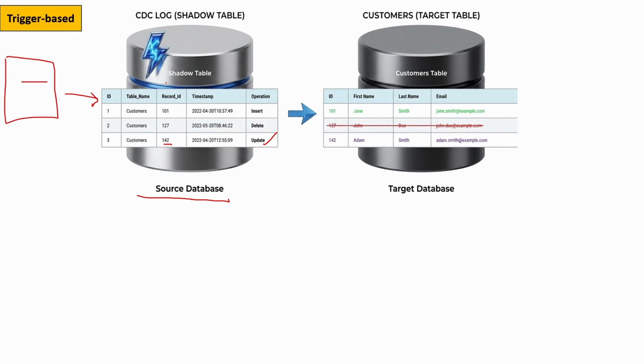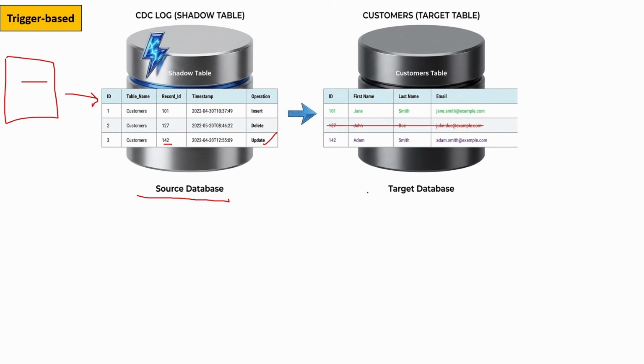So this is my shadow table. Now I will use the shadow table to populate data into my final target table. If I see the operation is delete, I will delete the record. If I see a new record is inserted, I will insert it. And if there is any update like email or phone number, I will update it. This is how the trigger based CDC works.